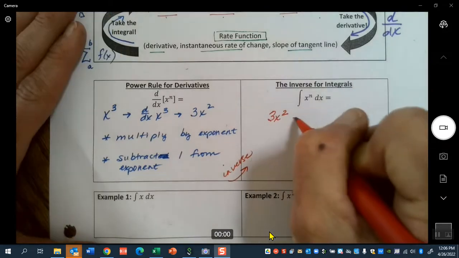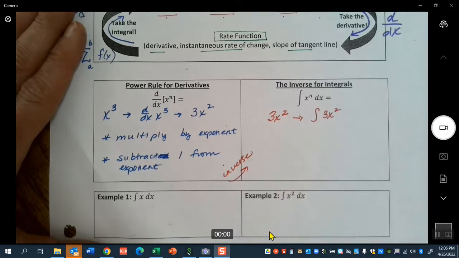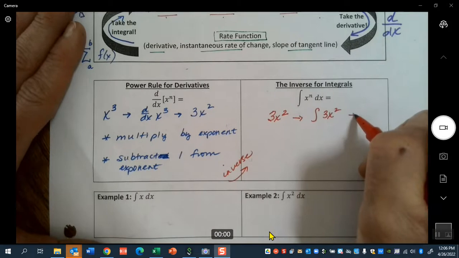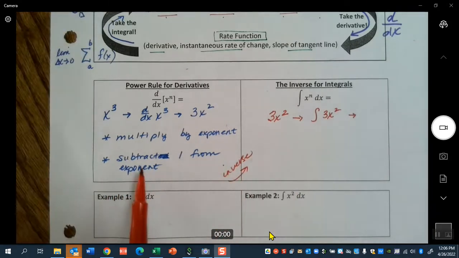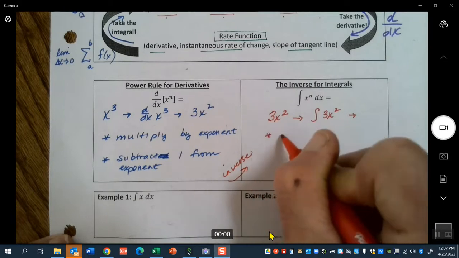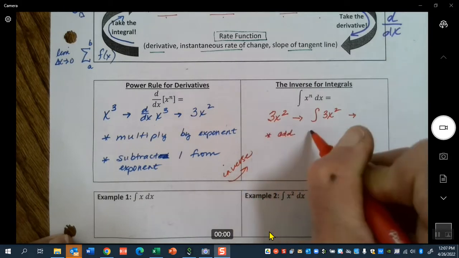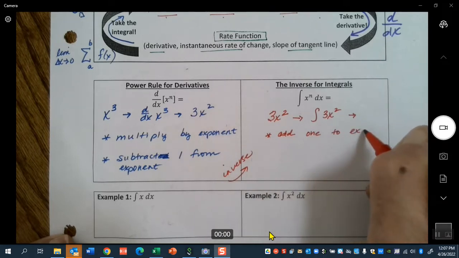What we're looking to do is find the integral of 3x squared, this area under the curve. And that is going to be an inverse conversation from what we did here. So instead of subtracting 1 from the exponent, our first step is going to be to add 1 to the exponent.